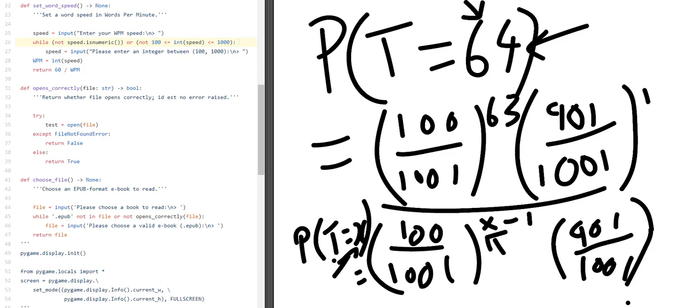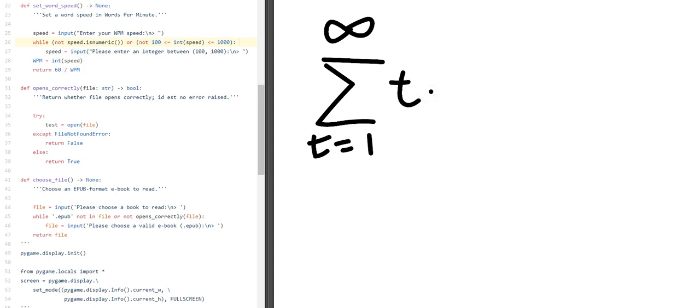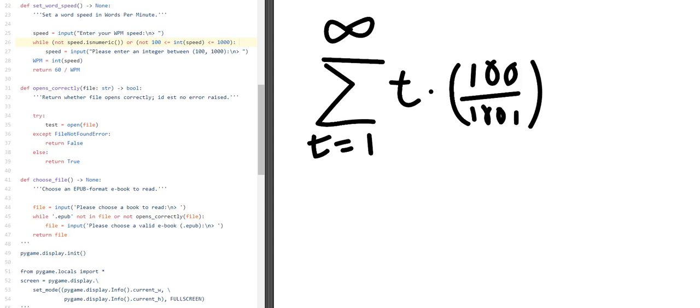Now that we have this, we can compute a summation. Back to where we were before, we had the summation with t going from 1 to infinity of t multiplied by 100 over 1001, all to the power of, we said x minus 1, but this is t minus 1 in this context, because we're talking in terms of the small t, multiplied by 901 over 1001.